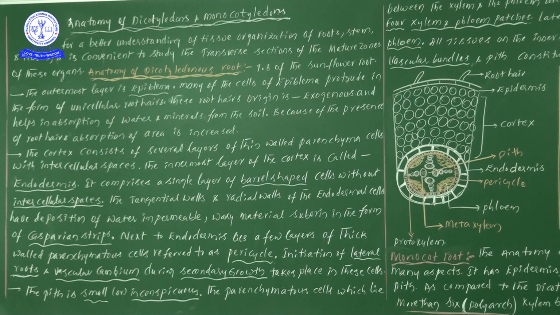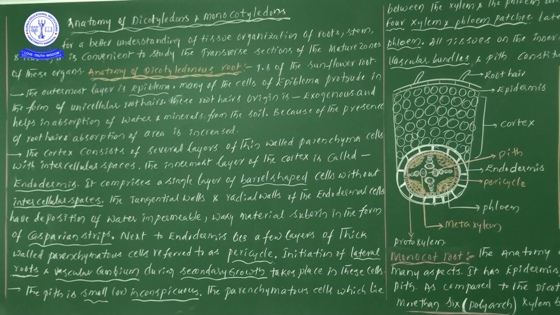Passage cells are present in the endodermis. The entire endodermis is impermeable, but these passage cells are specialized parenchymatous cells exactly nearby the protoxylem. These are normal cells, which are involved in the movement of water and minerals.